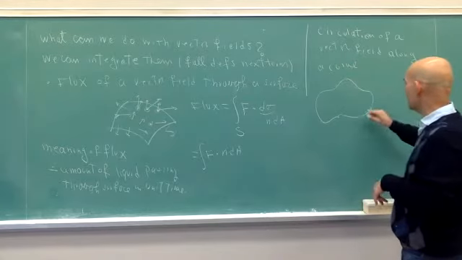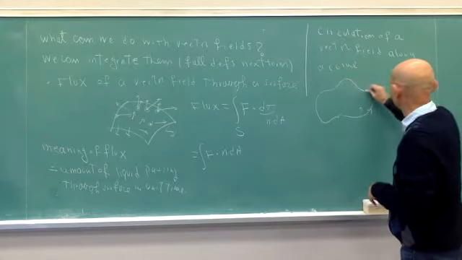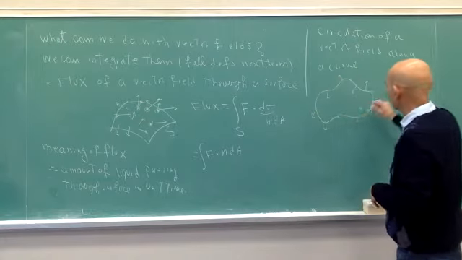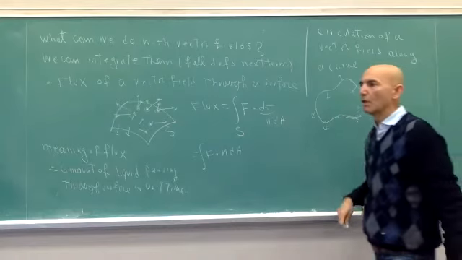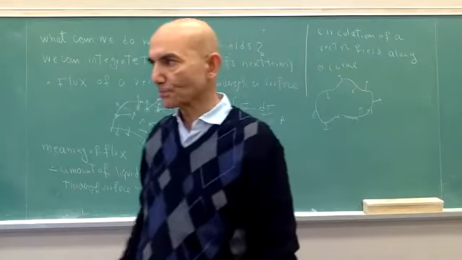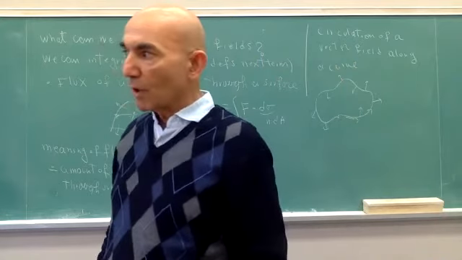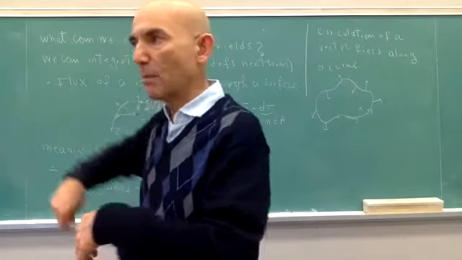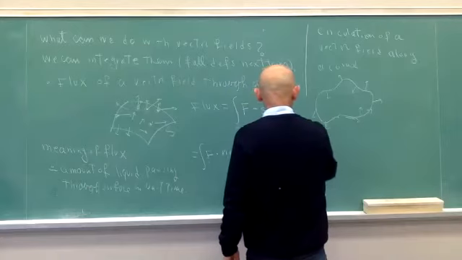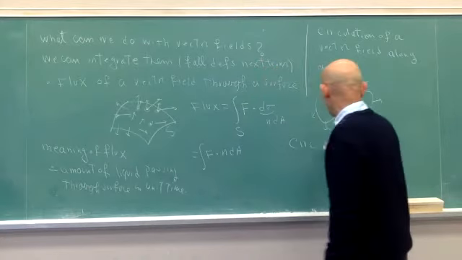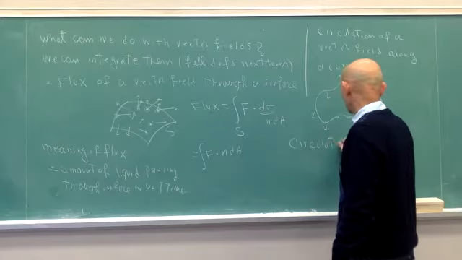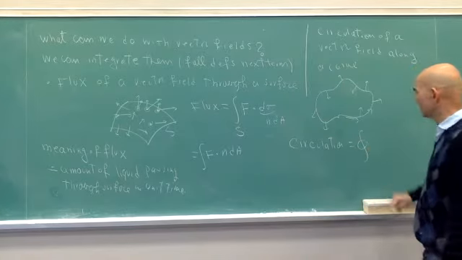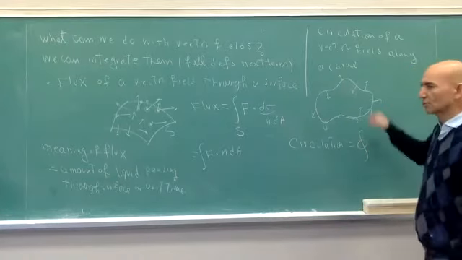So you just go like that, and then you have a vector field. We want to study the circulation of this vector field along this path, gamma. So circulation is, again, an integral.